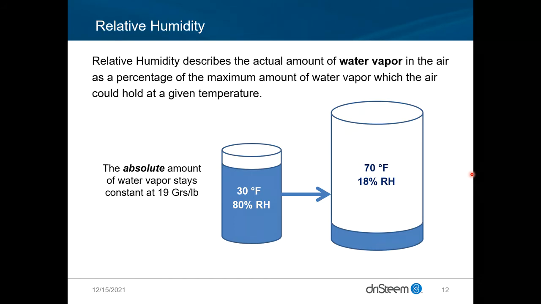So the volume of water in that air, represented by those two cylinders, is the same, but your relative humidity level moves from 80% down to 18. So this is the exact phenomenon which requires us to get humidification. We want to get that humidity level back up, typically to the 40 to 60% range.